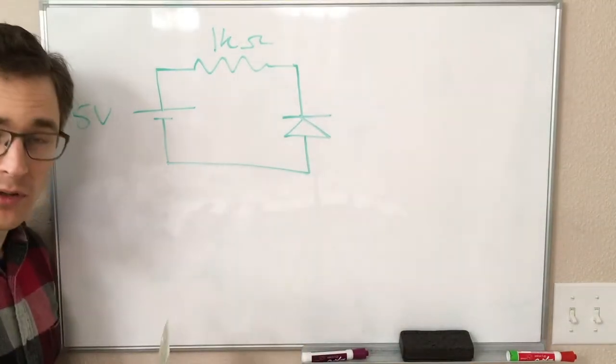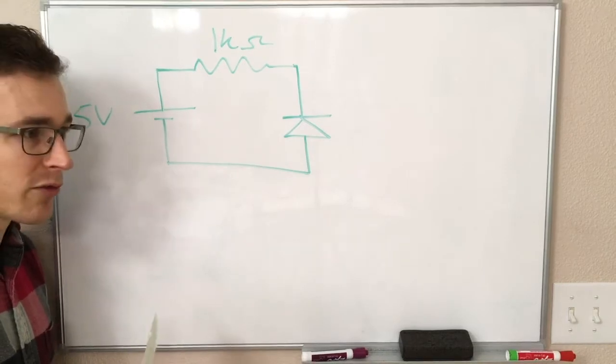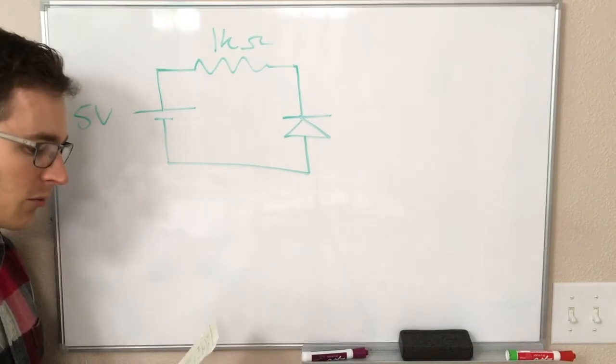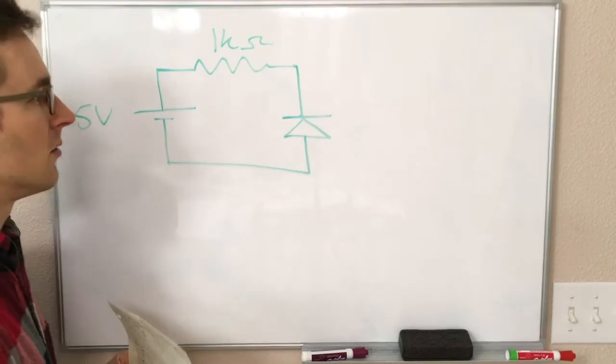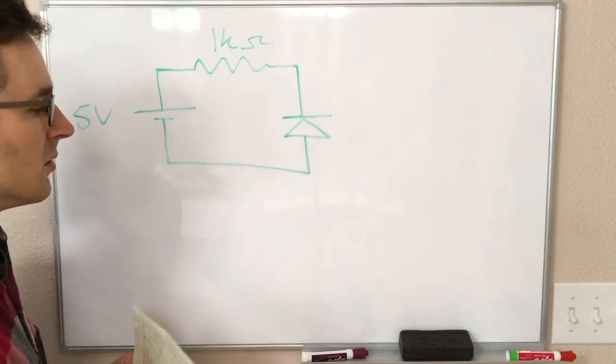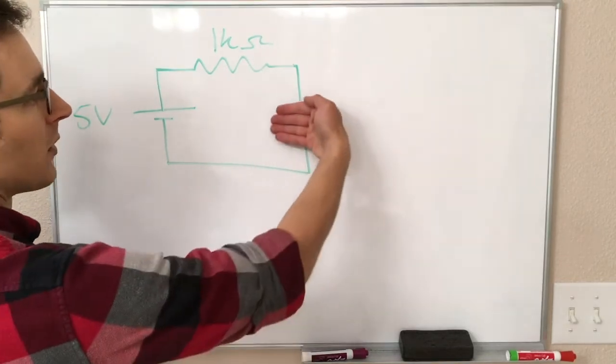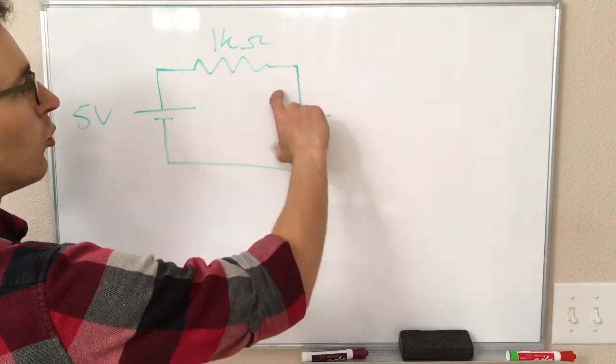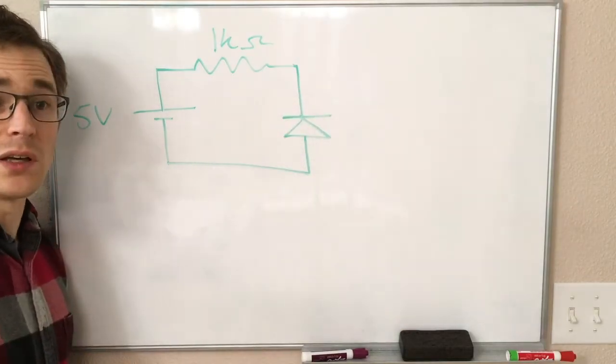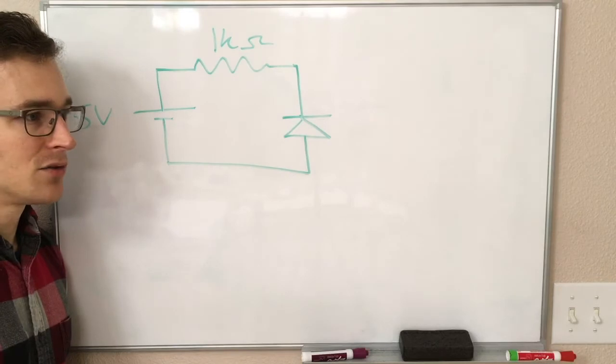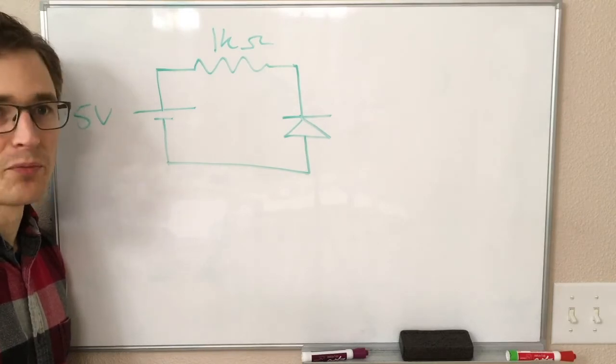Well, we need to determine if the diode is on or off, if the diode is forward biased or reverse biased. And so the first thing you can do is say, okay, if the diode were not there, what would the voltage across the diode be? And then use that to inform your decision.